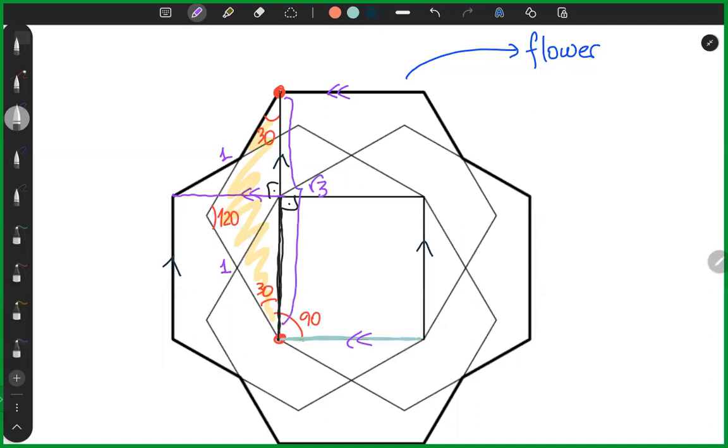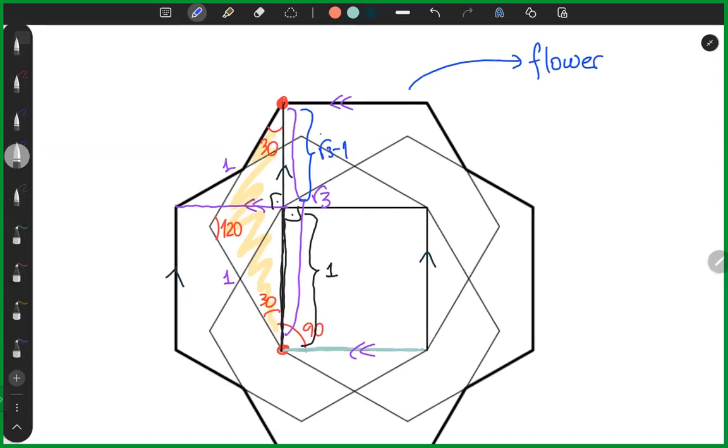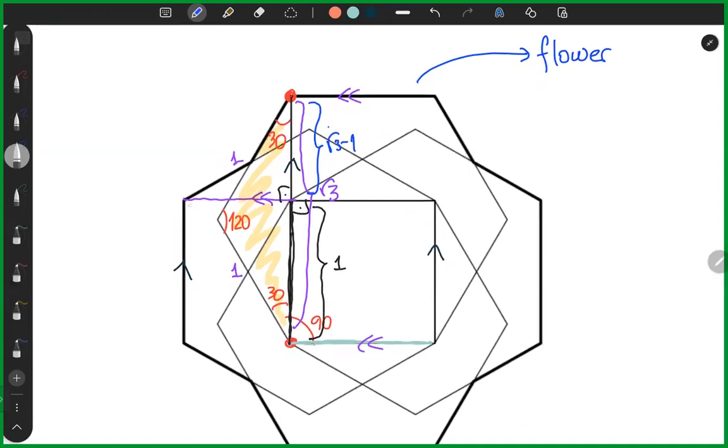When we subtract off the side of the square, the remaining part is √3 minus 1. When we do the same thing from the other side, this side also has to be √3 minus 1.